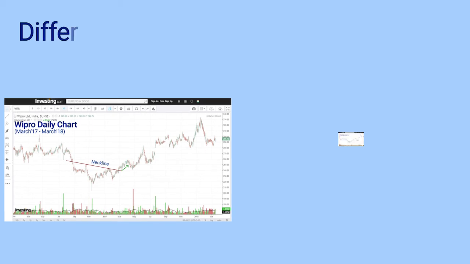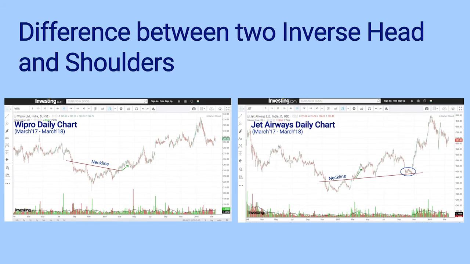Now the difference between the two inverse head and shoulders is that in the case of Jet Airways, the slope of the neckline was positive, so the probability of success of such patterns is higher than what was formed in the case of Wipro, which had a negatively slanting neckline. But in both cases we saw very good breakouts, and the price movement was quite substantial in the upward direction.